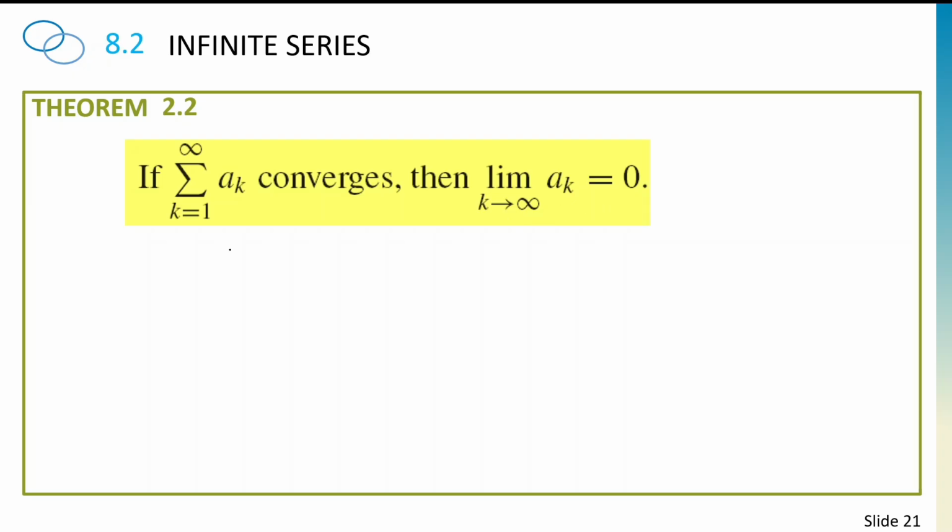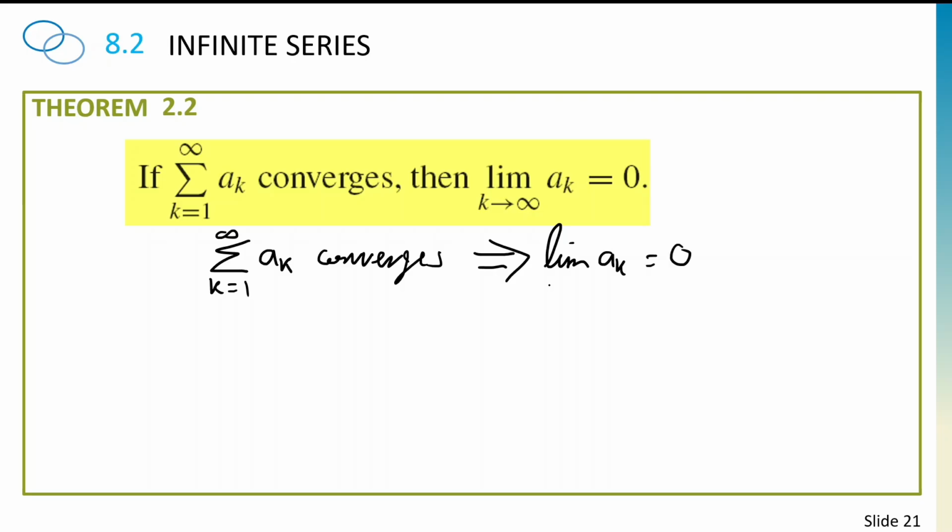So this theorem says that if the sigma of a_k, as a series, converges, then the limit for the sequence, remember a_k is the sequence and the summation is the series. Once we add the sequence terms, we call it a series. Then the limit of a_k equals 0 as k approaches infinity.